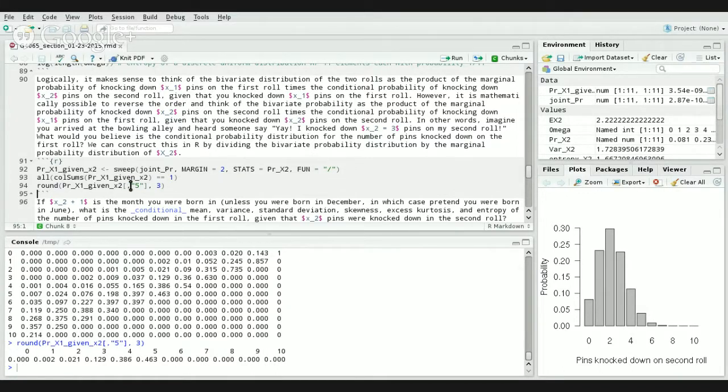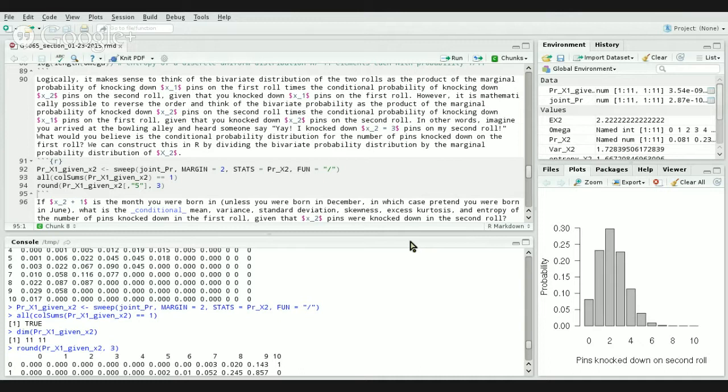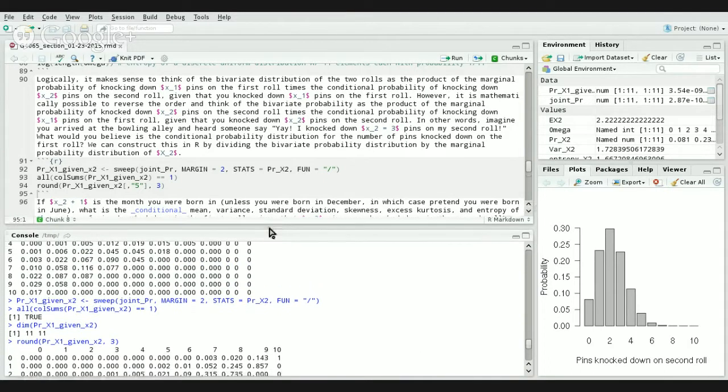We did that before when we were counting the probability of getting a spare. If you don't put anything in the first space and then just a comma and a column indicator in the second space, it's going to pull all the elements of the designated column, in this case, the fifth one.